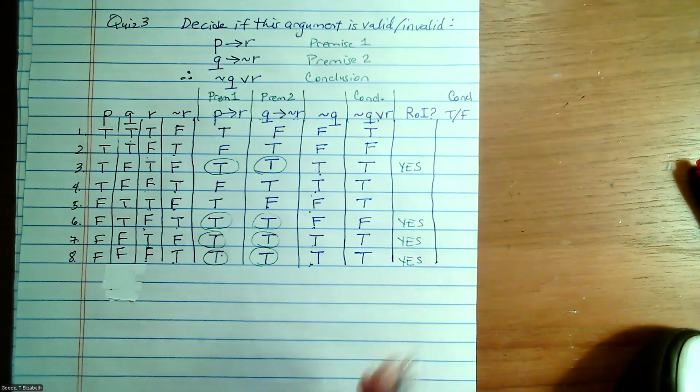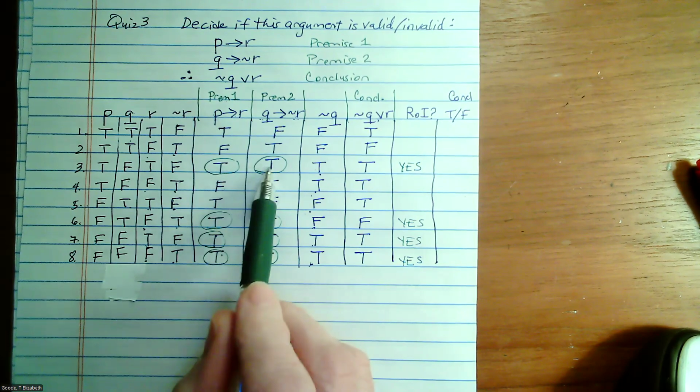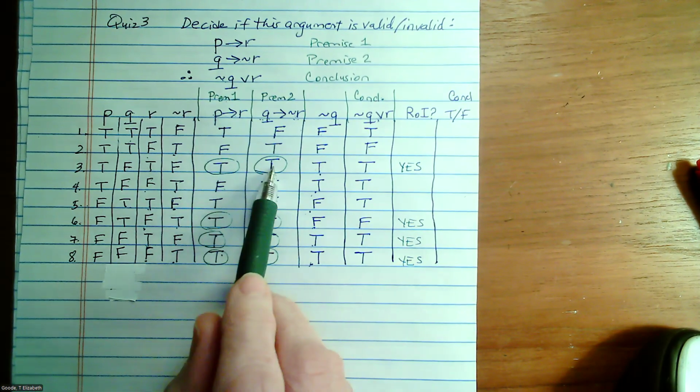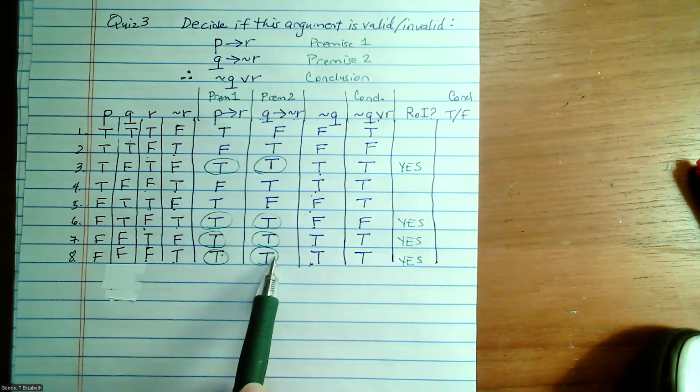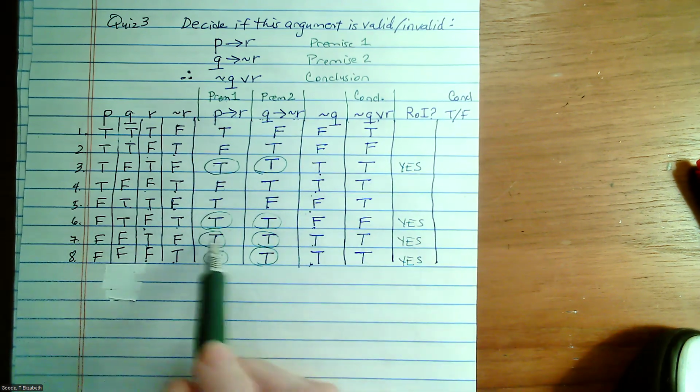Great. So that's step 2 done. We have identified the rows that have all true premises. Notice we don't care about the conclusion yet. We're just looking for rows that have all the premises true, right? Now in these rows of interest, we have 4 of them.